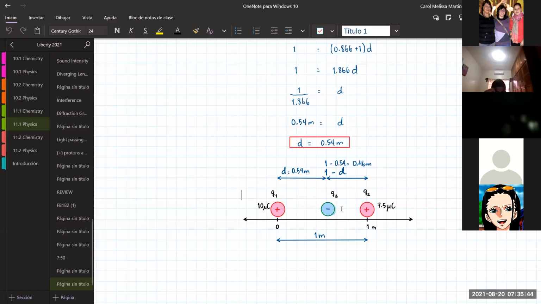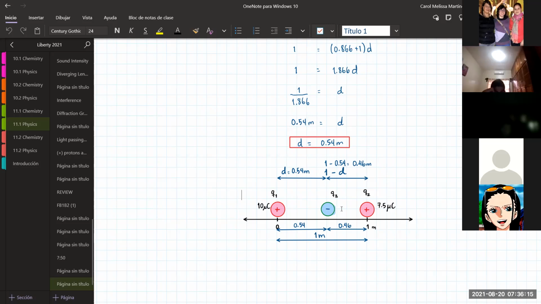Now, is it necessary to do that? No, it is not, but I can put something here, and on this other distance I can put 0.54 and here 0.46, like the definite answers.